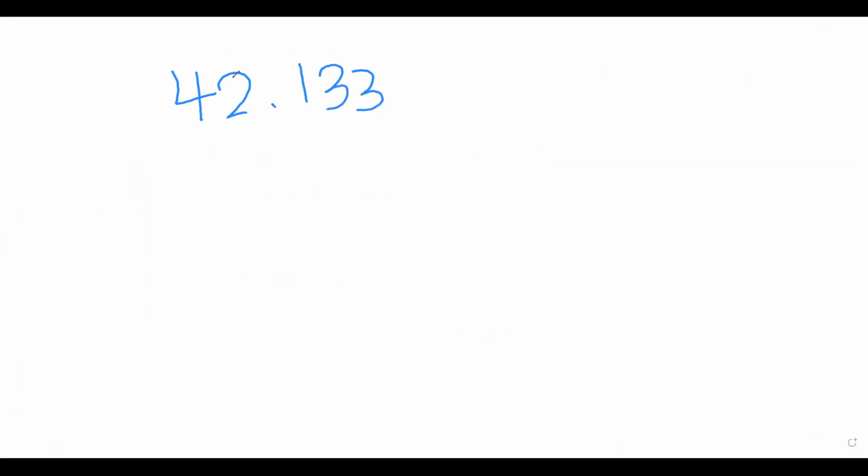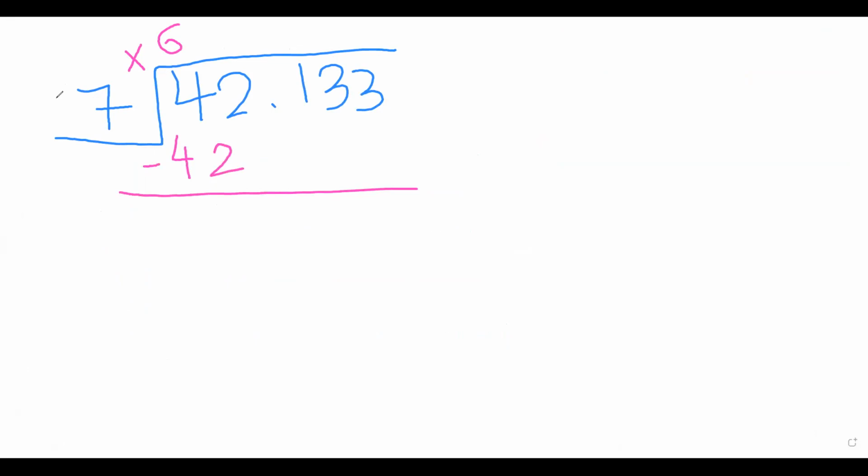Is that right? Divide by 7. We said before that 42 divided by 7 is 6, then 6 times 7 is 42. I subtracted now. What did I get? I get 0.